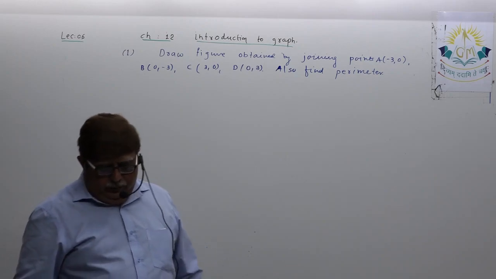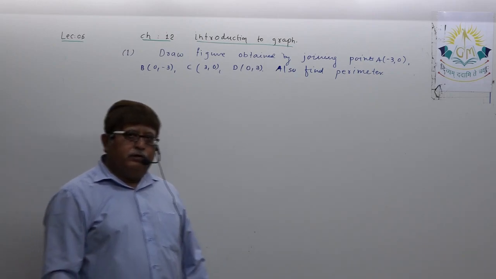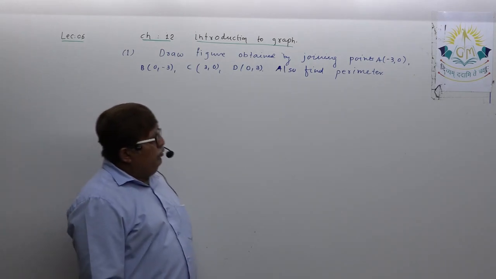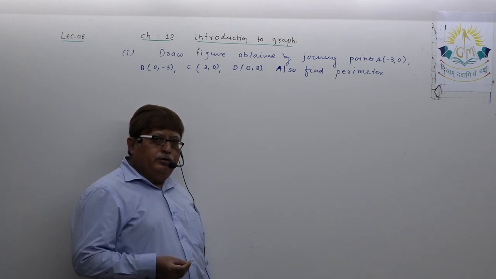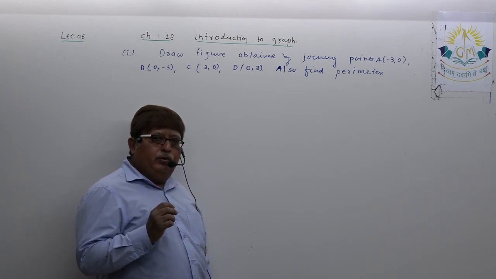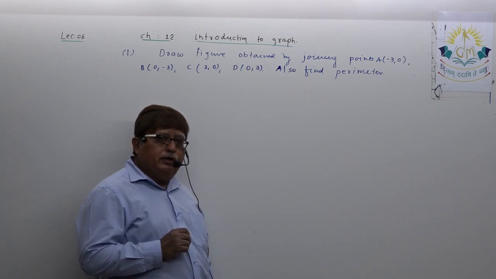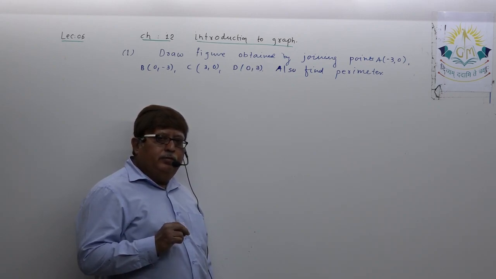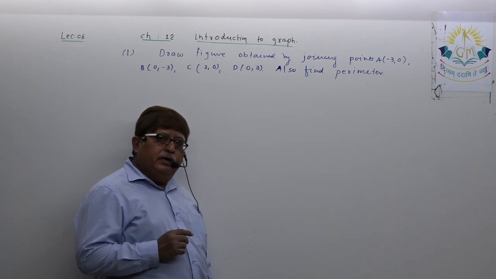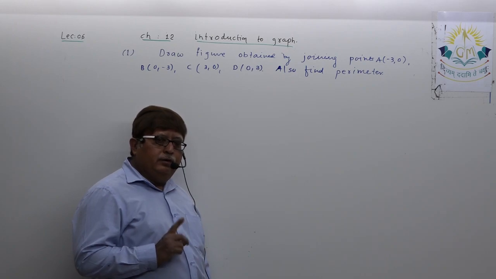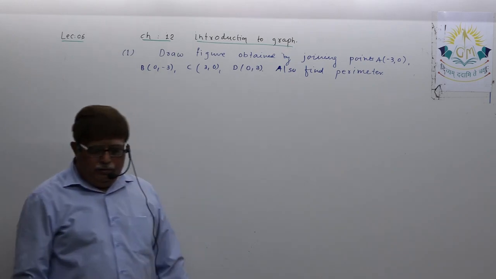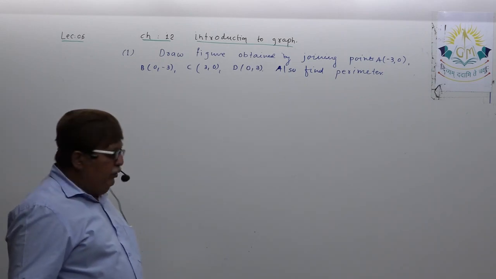First dear student, just understand the question. On the graph you have to plot 4 points. After plotting the 4 points on the graph, you have to join them in order, and after joining them in order you have to guess the type of the figure, and you also have to find its perimeter.